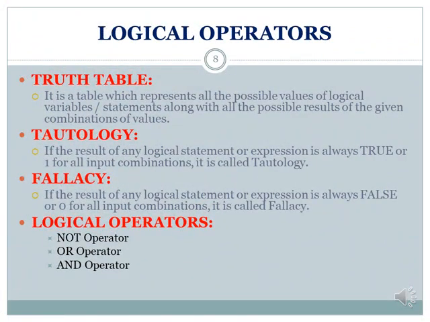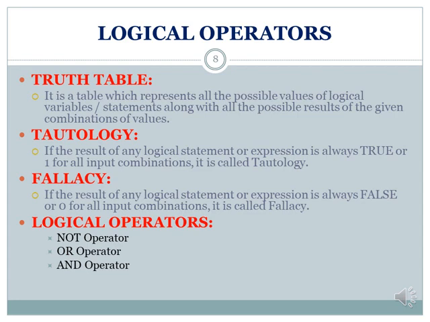Logical operators. First we'll discuss what a truth table is. A truth table represents all the possible values of the logical variables along with all the possible results for the given combinations of values. Tautology: if the result of a logical statement or expression is always true, or 1, for all input combinations, it is called a tautology.